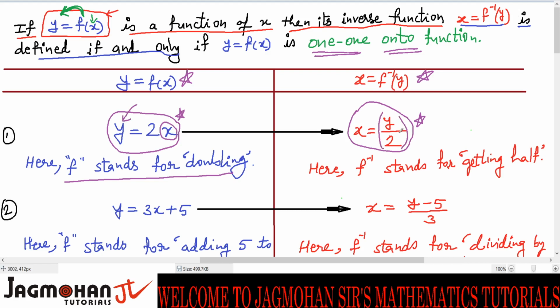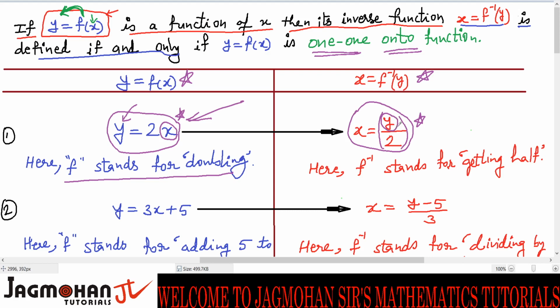It is the opposite. It is the inverse function. Here it was a doubling, and here whatever value of the independent variable is decided, the dependent variable will be half of that.